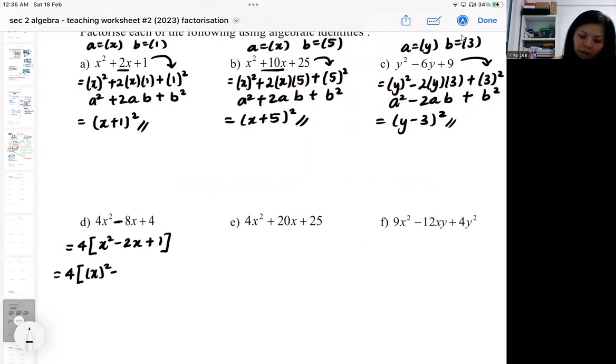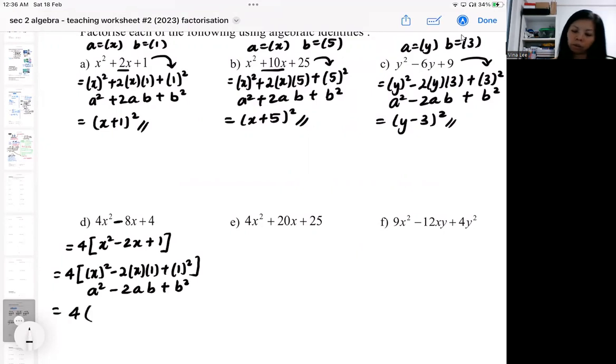After taking out the common factor, I'm going to try to match. So I get a squared minus 2ab plus b squared. The second formula will get me back to x minus 1, because my a is x and my b is 1.